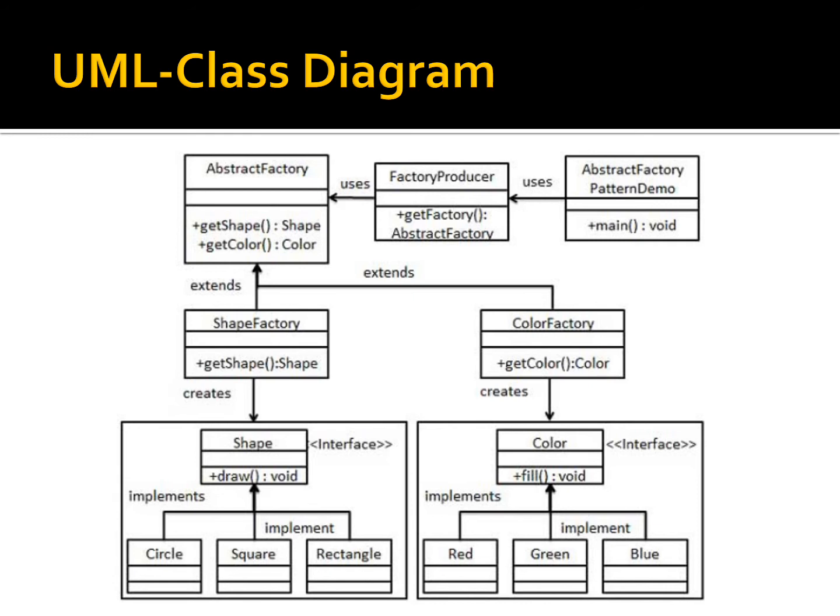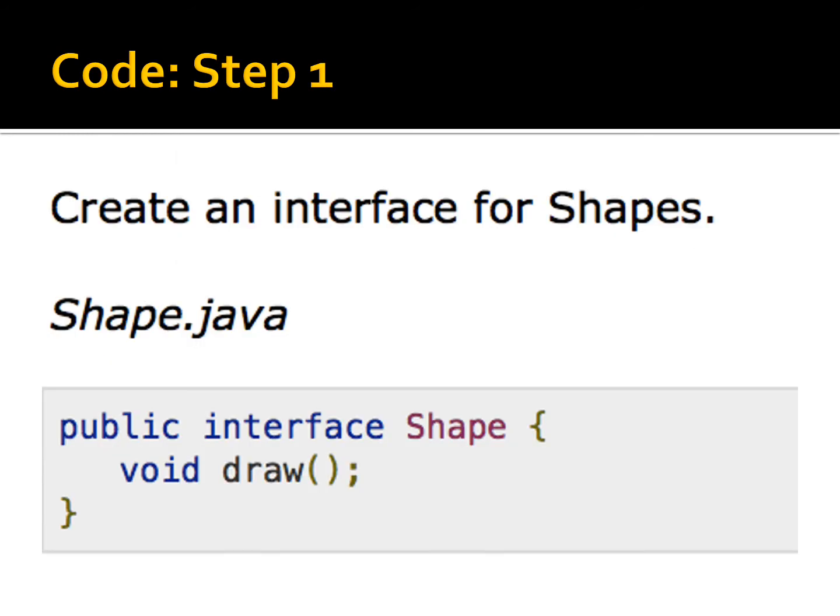Now we have only three kinds of shapes. If there are four or five, then the concrete classes for the products will increase. Similarly, in this current requirement the choices of colors are only three, so there are only three concrete classes. If they grow, then the concrete classes will grow. So from this simple UML you can easily write the code for the abstract factory design pattern. Let's move to the next slide for its code implementation.